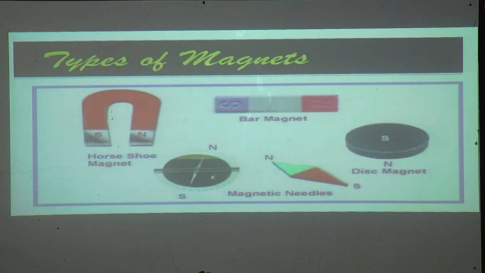And here you can see the structure is like a needle, so that is why it is called a magnetic needle. So these are some artificial magnets. And natural magnet, we saw, is found in black color and has a structure like a rock.